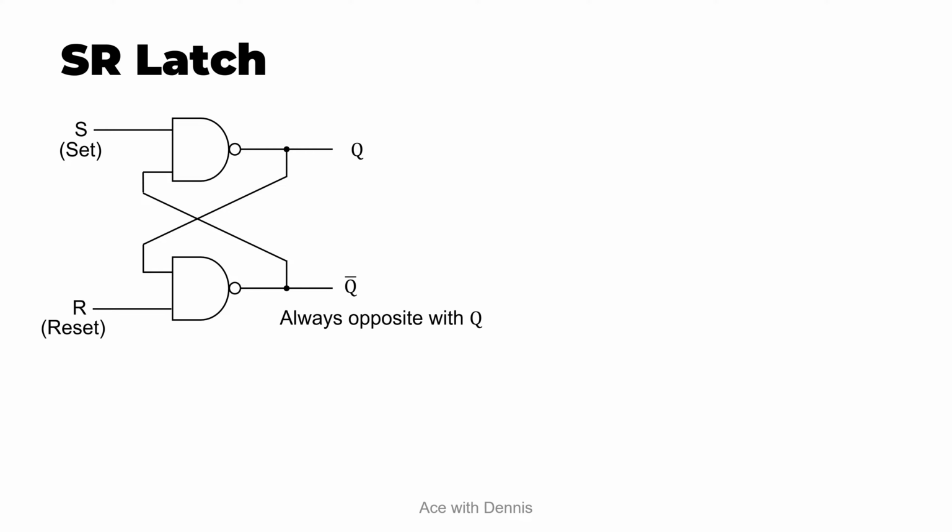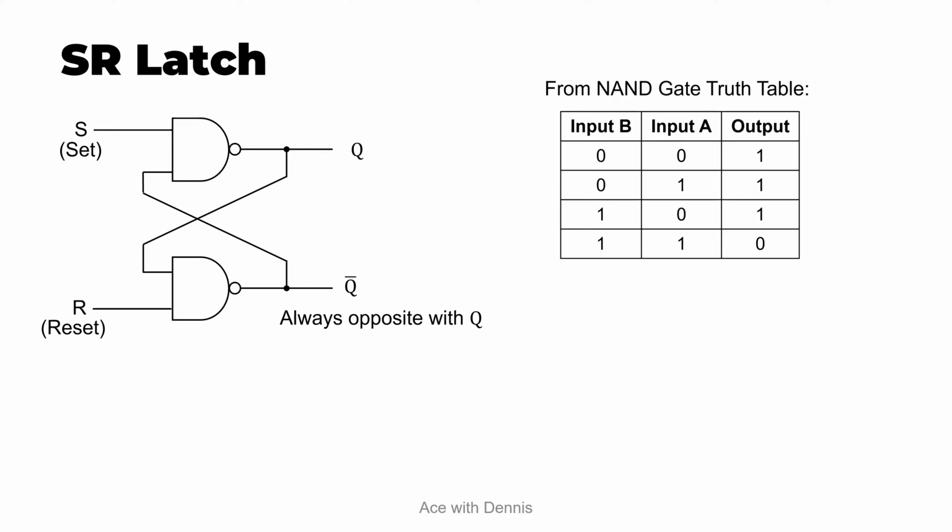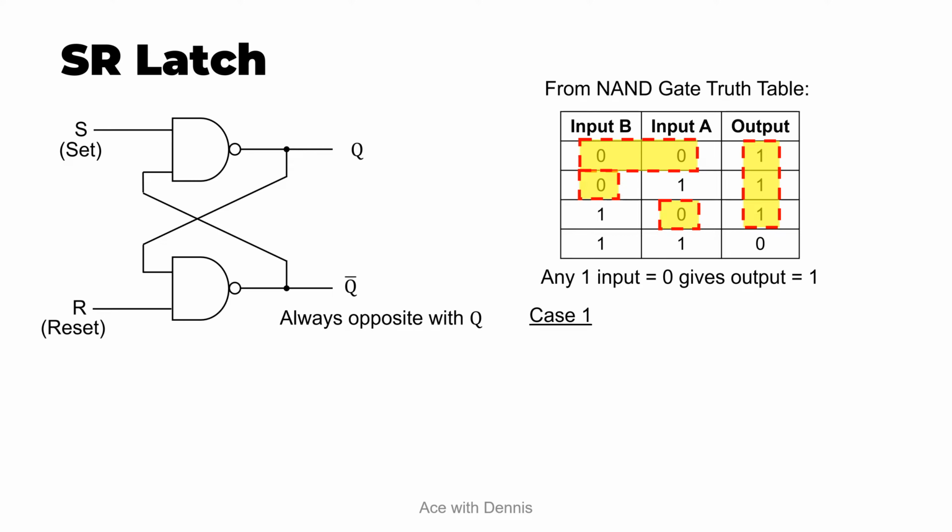So Q bar is designed so that it is always opposite to Q. Now let's look at the NAND gate truth table. From this table, we can see that any one input equal to 0 will give us an output equal to 1. So there are three cases that we can study from this SR latch.